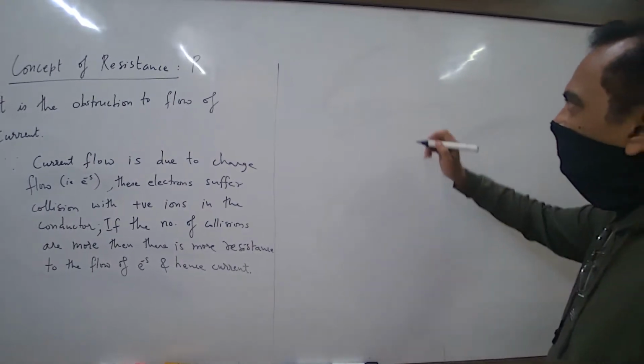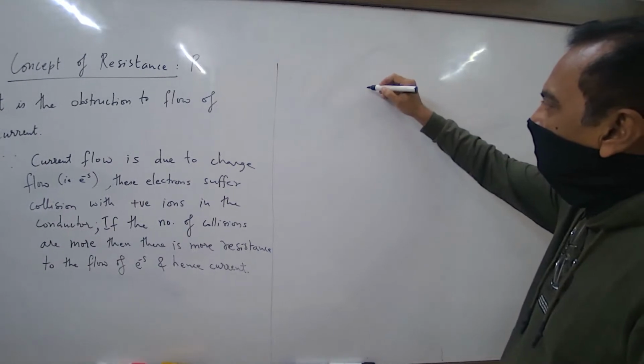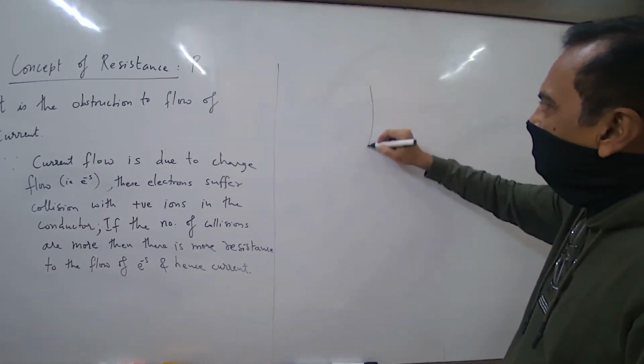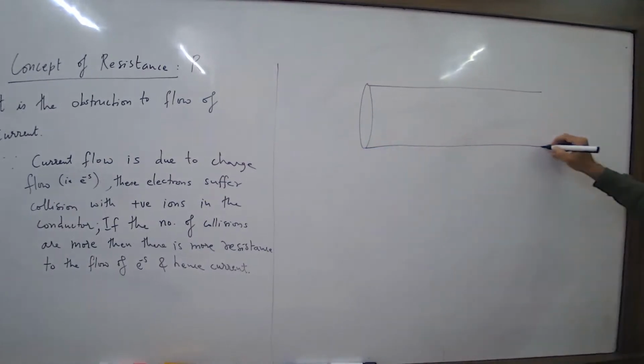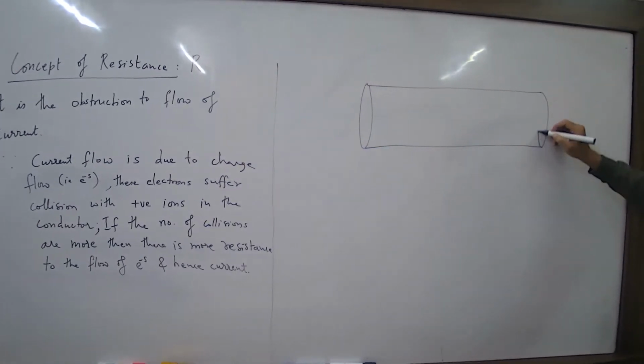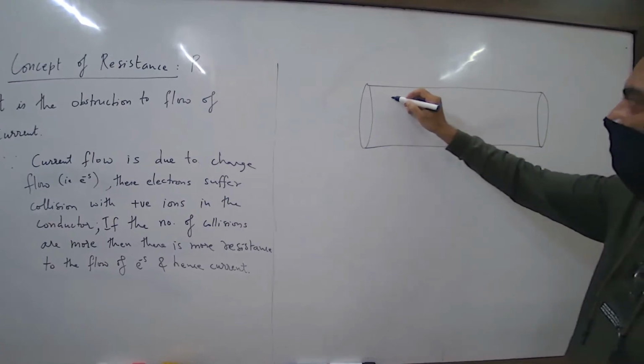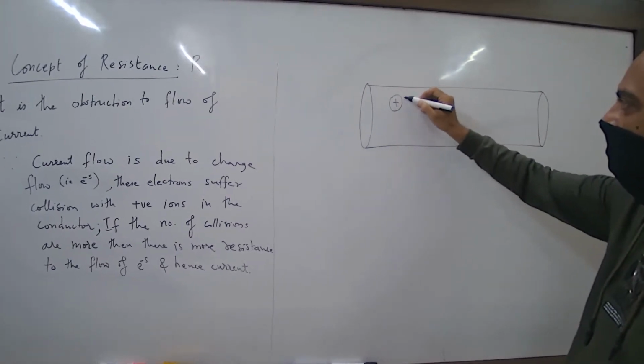So suppose we have an enlarged view of a conductor. It is full of positive ions and electrons.